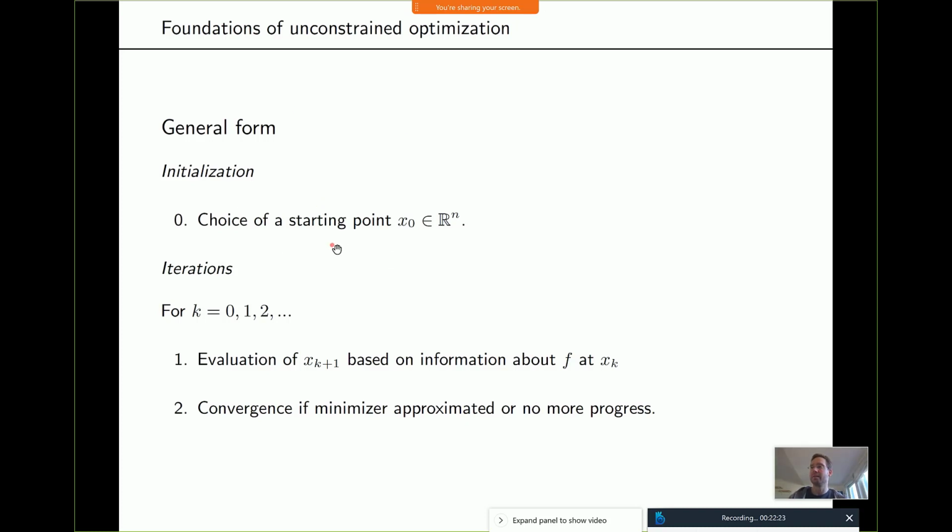If you use some method that somebody has implemented, it makes sense to at least know when this algorithm is stopping, and maybe change the stopping rules if you think it's not really doing what it should. That's the general form, and I think it's fairly straightforward. So you create a sequence of parameter iterants that step by step hopefully get you closer to a minimizer of your function f.